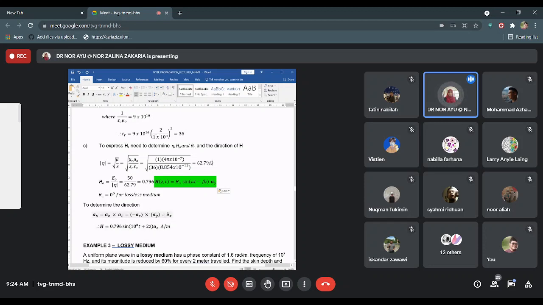So the direction of your H will be aX, since aZ cross aY is negative aX, and negative with negative is just aX. So 0.796 sin of 10 power of 8 t plus 2z. And then theta is not there. Theta n is 0 degree.